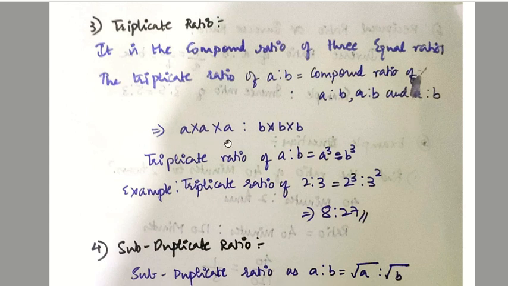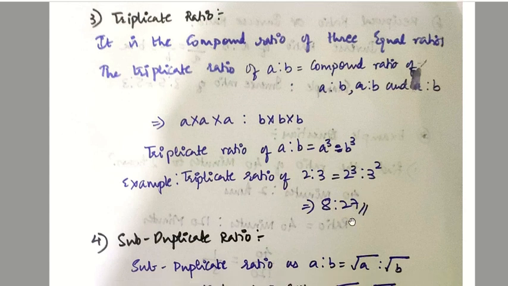Therefore A into A into A is to B into B into B. So the triplicate ratio of A is to B is equal to A cube is to B cube. For example, the triplicate ratio of 2 is to 3 is 2 cube is to 3 cube. Therefore 8 is to 27. 2 cube is 8, 3 cube is 27.